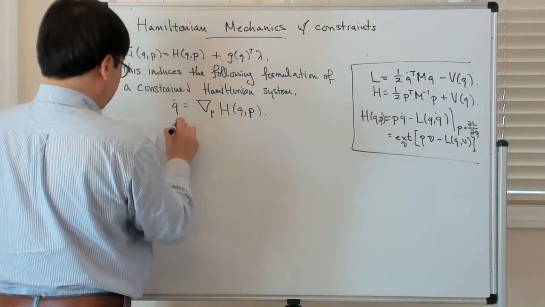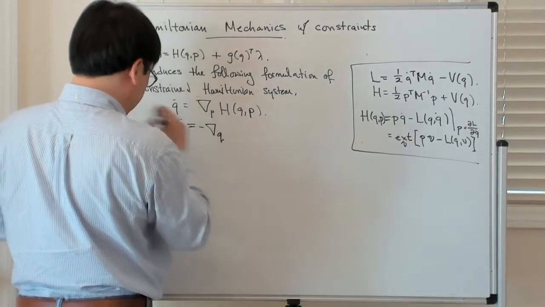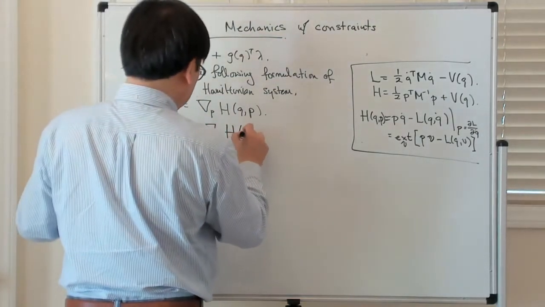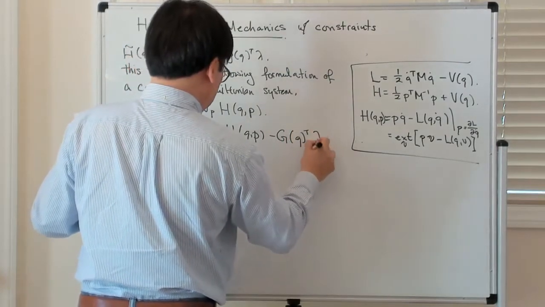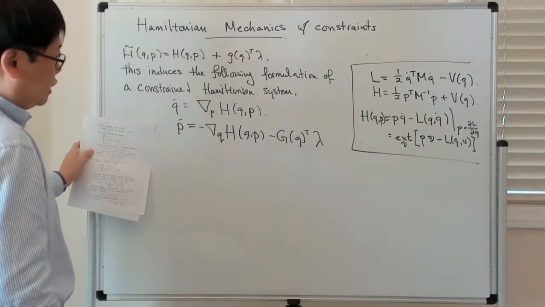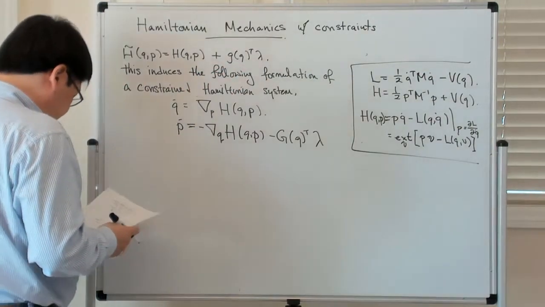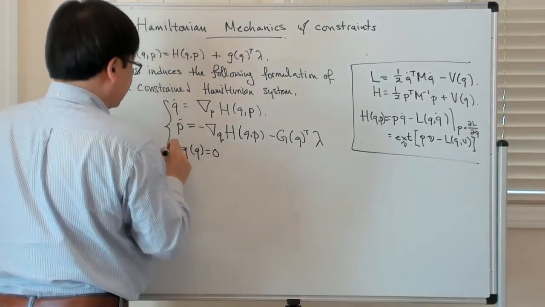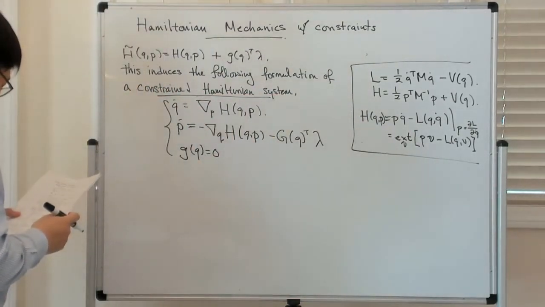All right, and p dot is minus the gradient with respect to q of the Hamiltonian, minus G. If you recall, G was the Jacobian of this vector-valued set of constraint functions, right? And then g of q is equal to 0. So you have this constrained Hamiltonian system written in this way.